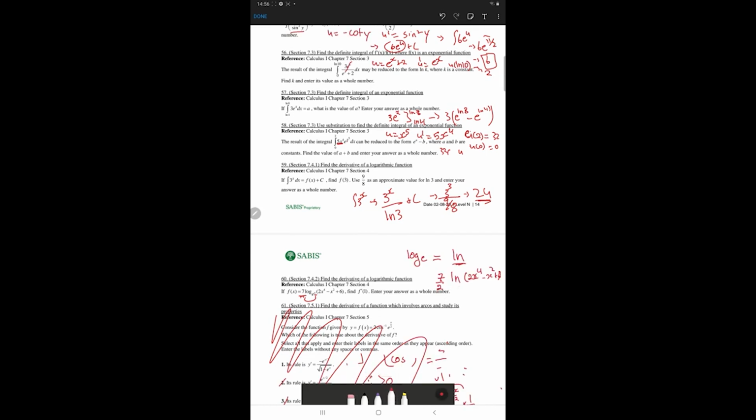And here, now we just have to derive that. The derivative of ln u is u prime over u. So you're going to do 7 over 2 times 8x to the power of 3 minus 2x over 2x to the power of 4 minus x squared plus 6.